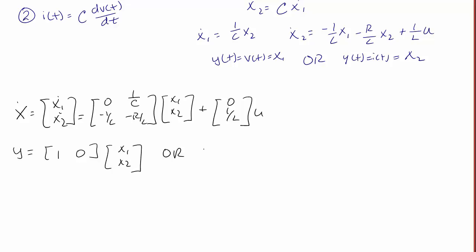Or if Y is equal to x2, the equation is Y is equal to the C matrix, which is 0, 1 times x1, x2.